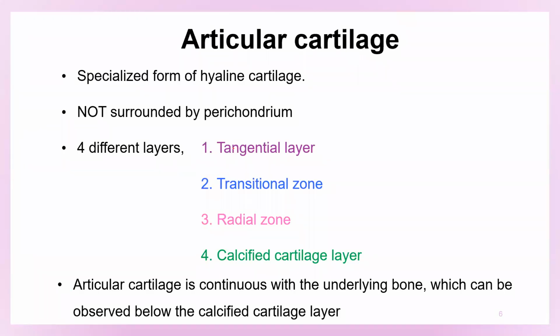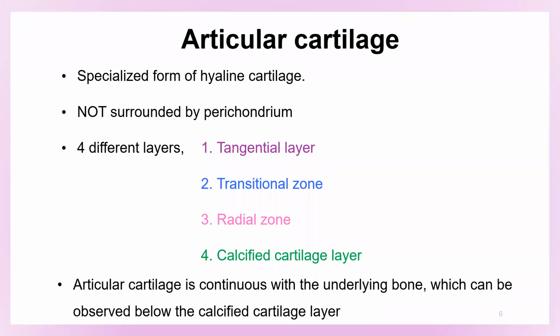So then talking about the articular cartilages. Articular cartilage has a very special sort of appearance, and it has several different layers. It is a specialized form of hyaline cartilage, as I said, and it does not have a perichondrium surrounding it. So its ability to heal itself is minimal. So what are the 4 different layers?